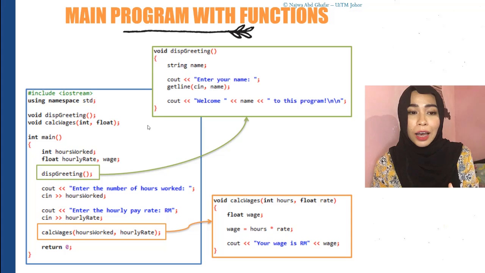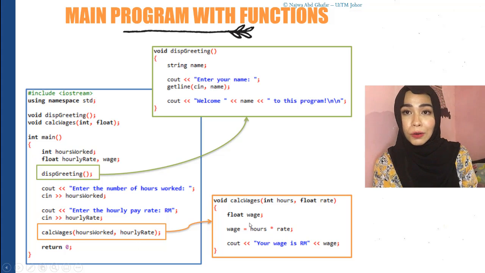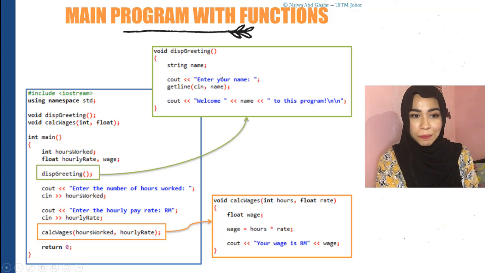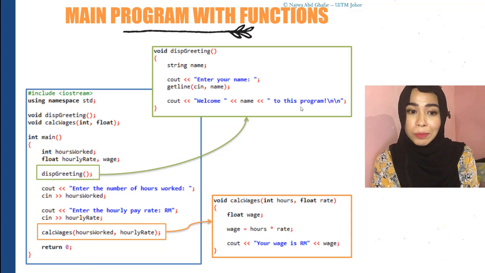Whenever I want to display the greeting, I can just call this function, and it will execute this. For the next function, I also put the calculation inside it. This first function is used to display the greeting by taking in the name and displaying the welcome.